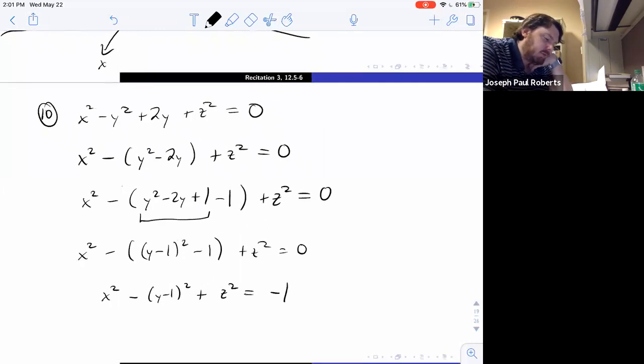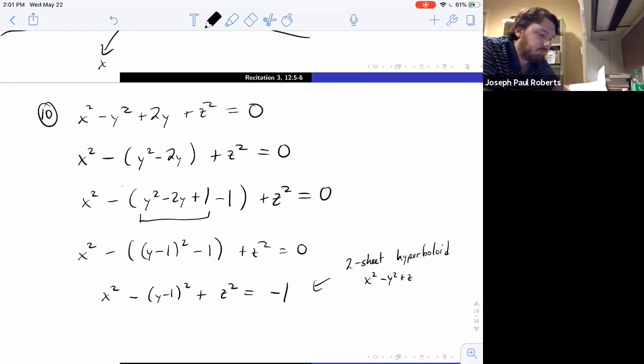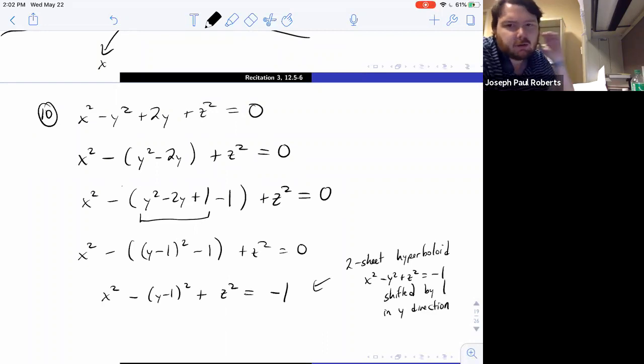And so it turns out this is going to be a two-sheet hyperboloid. x squared minus y squared plus z squared equals minus 1, shifted by 1 in the y direction. So if you think back to pre-calc and shifting things like that, replacing y with y minus 1, I've shifted it by 1 in the y direction.